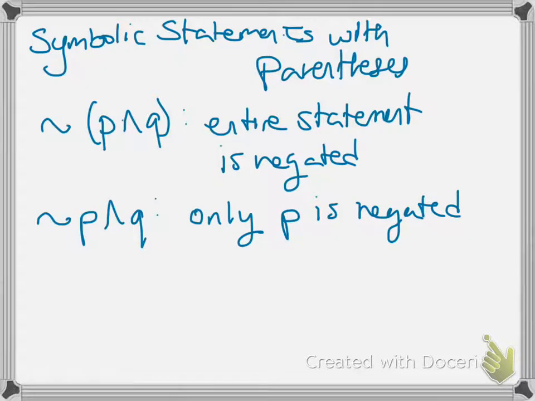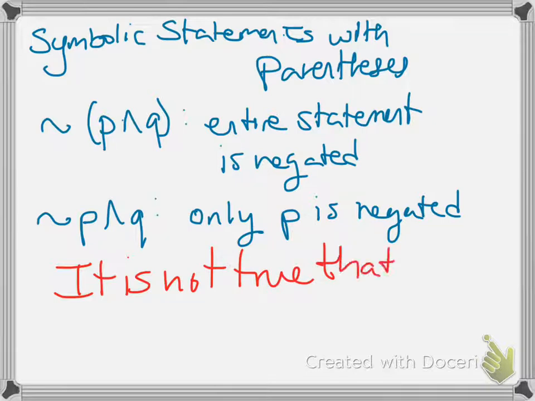So, sometimes we'll be given symbolic statements with parentheses. For example, if we have not, parentheses, P and Q, then that means that we're negating the entire statement. We would say it is not true that, and then we would say whatever P and Q is.